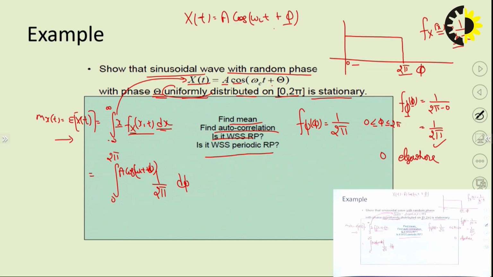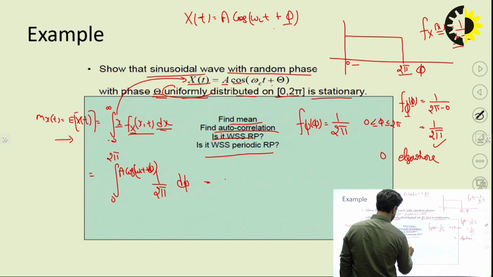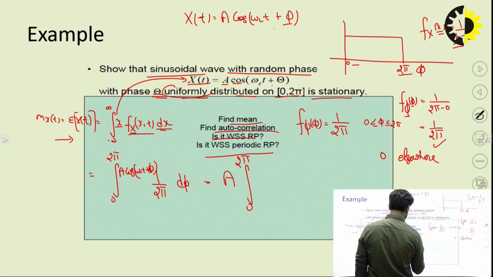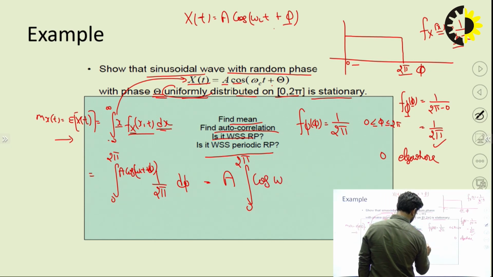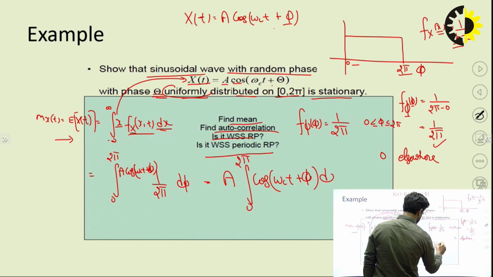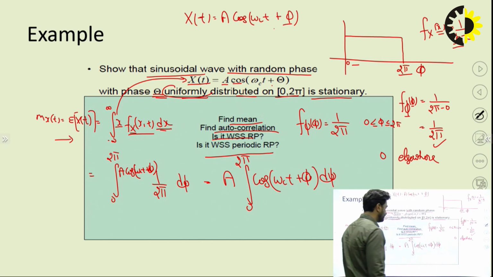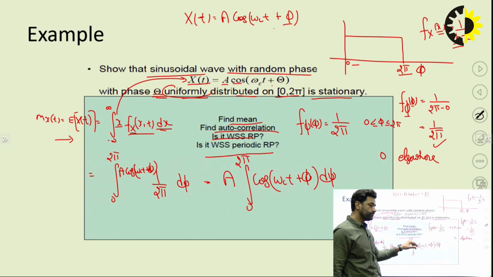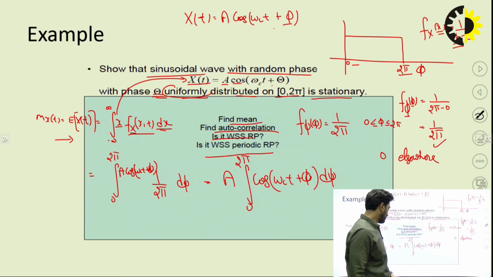Right? Simple. We are equating the value. After solving this, a will come out: 0 to 2π, cos(ωct + φ) dφ. Now if we integrate this cos(ωct + φ) with a limit of 0 to 2π, it will give you 0, because it's an even function.